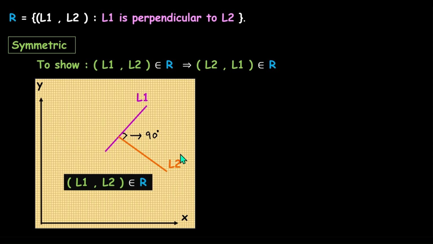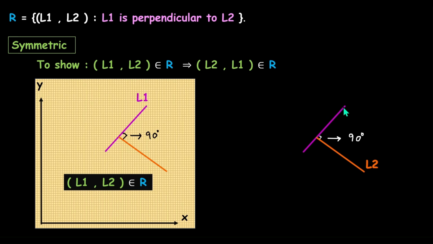Now let's take the line L2 and let's try going backwards. Knowing that L2 exists, we can also say that L2, L1 belongs to relation R. So let's make a line perpendicular to L2. So a line perpendicular to L2 would be, this is the angle 90 degrees. So a line would somewhere go like this.